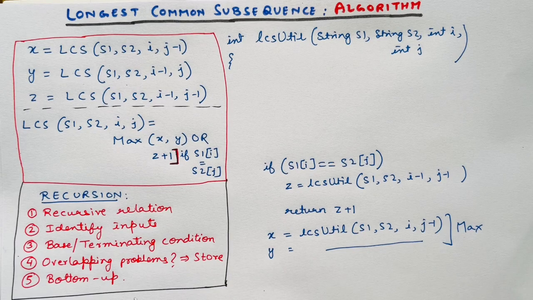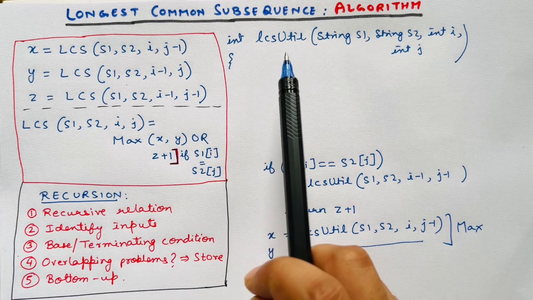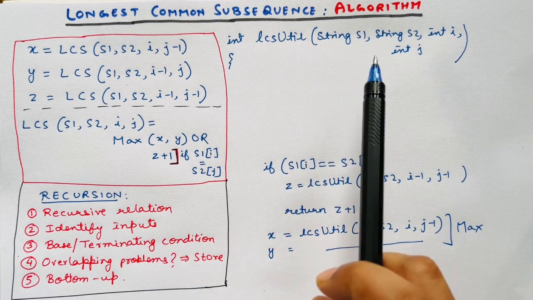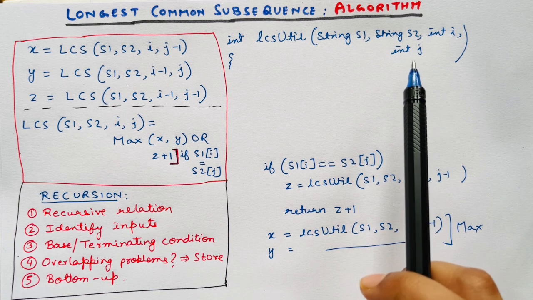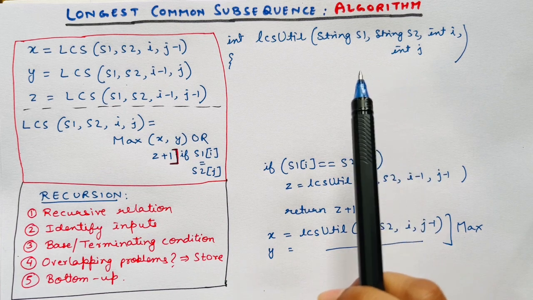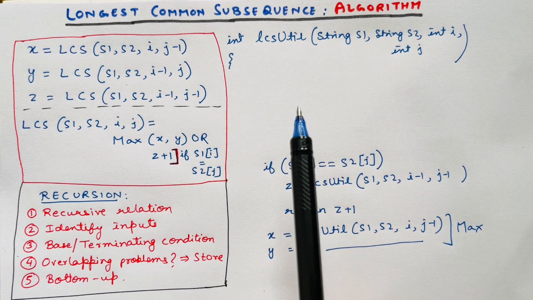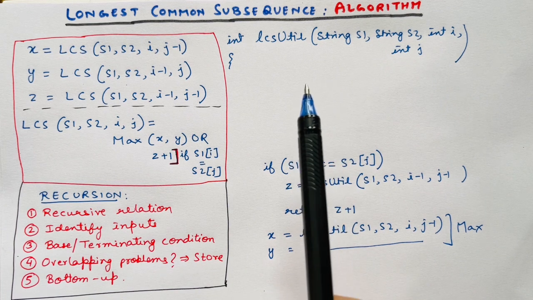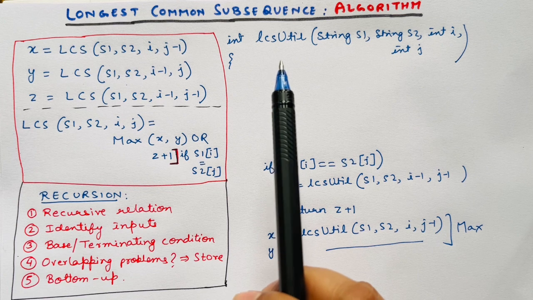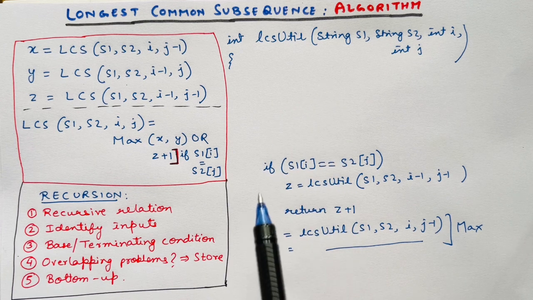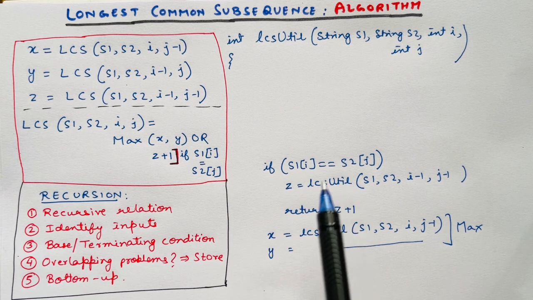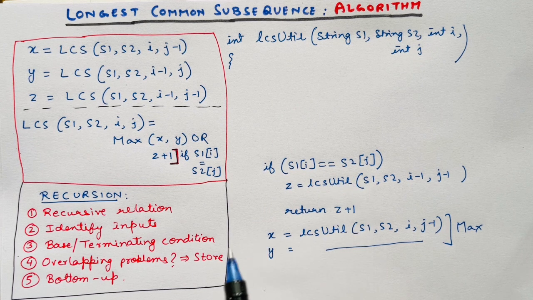So from our main method, we will be calling this LCS util method with the inputs S1, S2, i and j. i and j to begin with will be the last indices of the strings given to us. It is very common to use a separate method that has to be called recursively, other than the main method that you have to solve. Now we will first check whether the last characters of the two strings are equal.